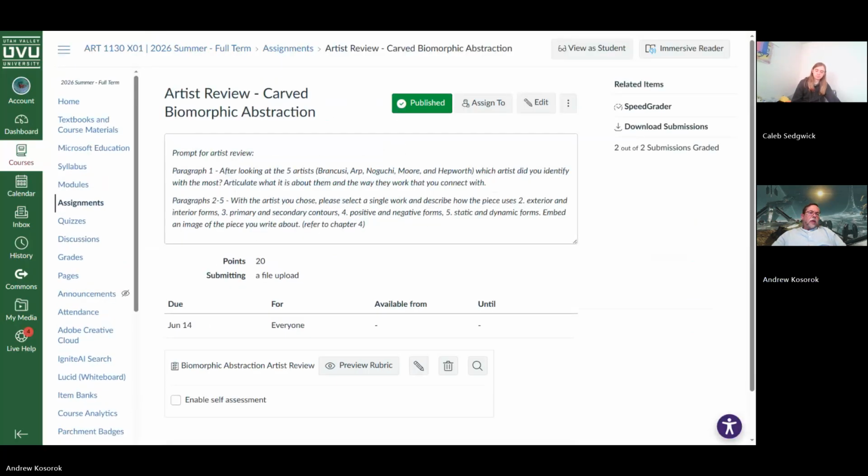But notice each of the artist reviews has these prompts where it says paragraph number, and then what you are supposed to write about in that. And notice right here, I say embed an image of the piece you write about. And that's worth 5 points out of the 20 points. Embed an image. So put together a Word doc and have a picture, put it in there.